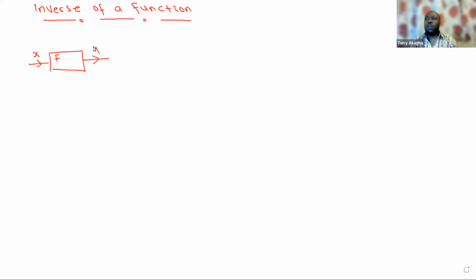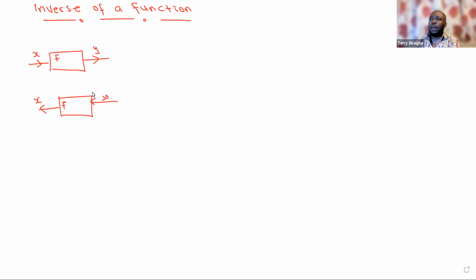Now, what we are trying to say for an inverse of a function is that we're generating the output of a function when we believe that it is reversible. So that means we're trying to deconstruct what has been constructed already. Starting from here now, the y is going backwards through the particular function, the reverse, and we're now going to get the x. Is that making sense?